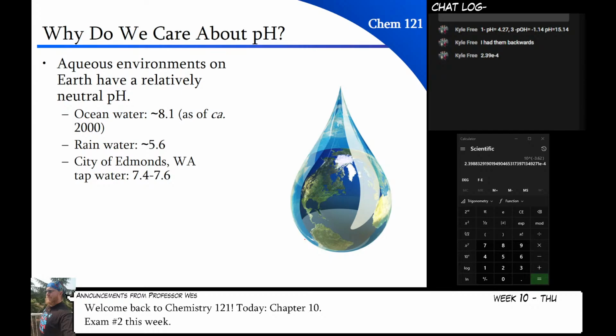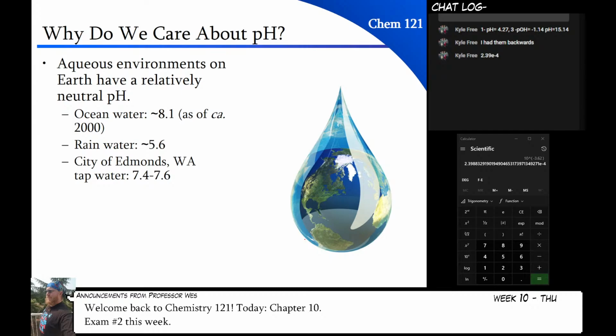So, we have a bunch of pH values here. Ocean water in the year 2001 was measured about 8.1. Rainwater is approximately 5.6. And if we measure the pH of tap water, it's roughly 7.5 or so.